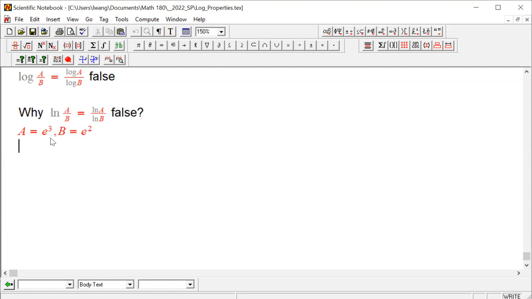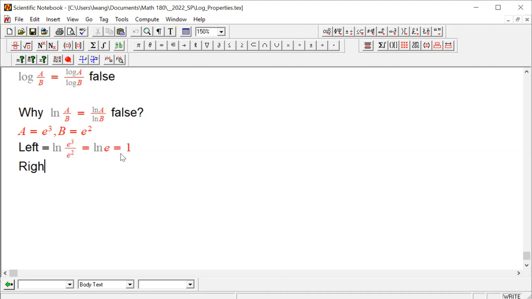And the left-hand side equals to ln of e to the power 3 over e squared. Okay, and that's going to be equals to ln e. We're going to do the division, ln e. Ln e equals what? Equals to 1.